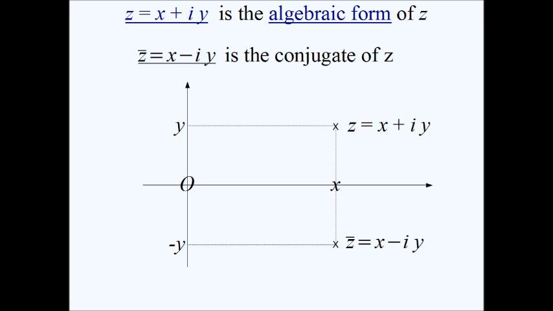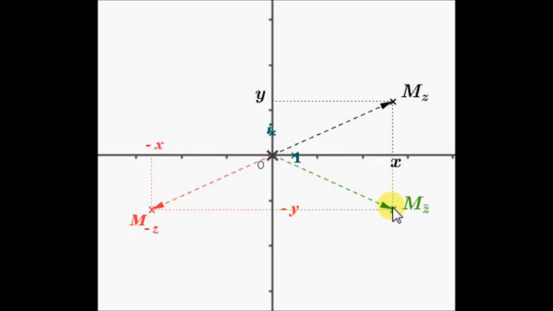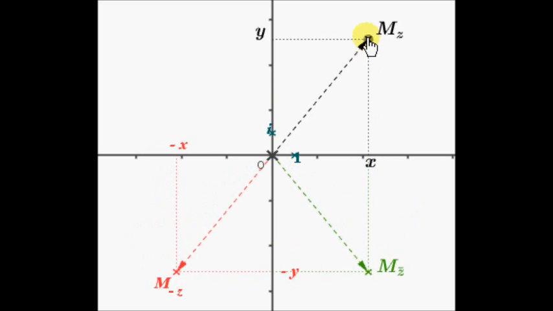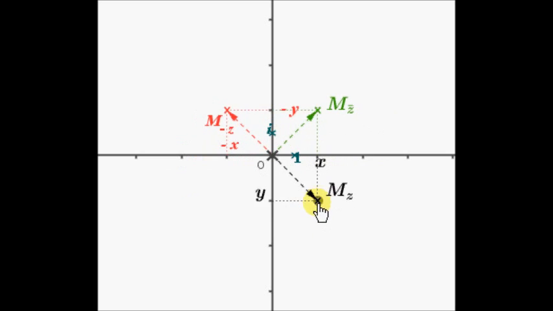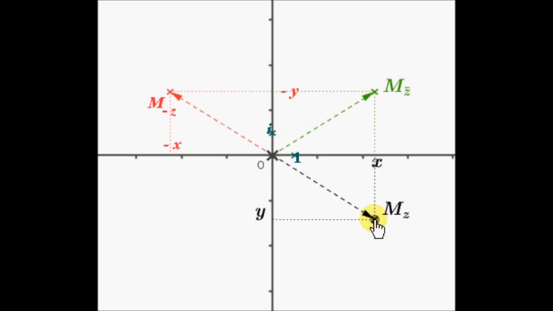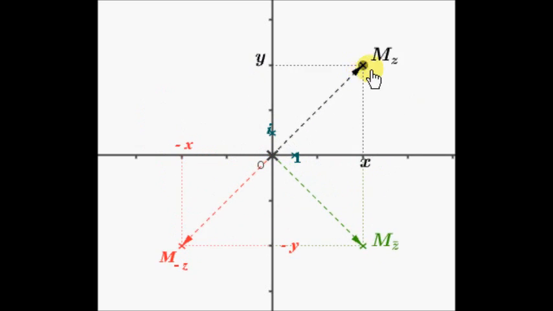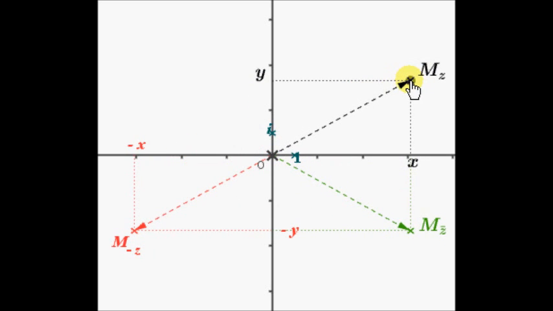Each number has its conjugate, and the two numbers are reflections of each other across the real axis. You see that they have the same real part, x. You see with this animation that the two points have the same x, but the number y is opposite.